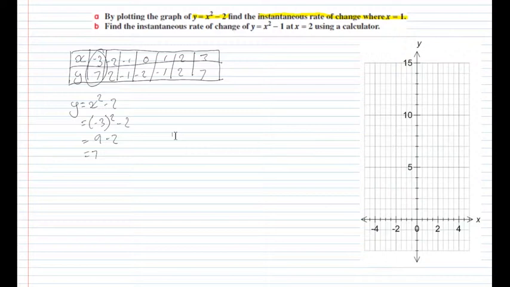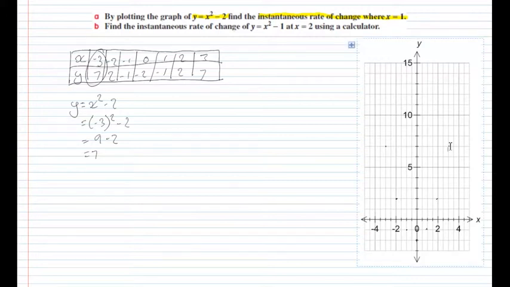Okay, so what we're going to do now is plot these points. So you've got -3, 7. So we're going to come across to -3 and go up to the 7 and draw a dot. -2, 2 over to there. -1, -1. 0, -2. 1, -1. 2, 2, and 3, 7.